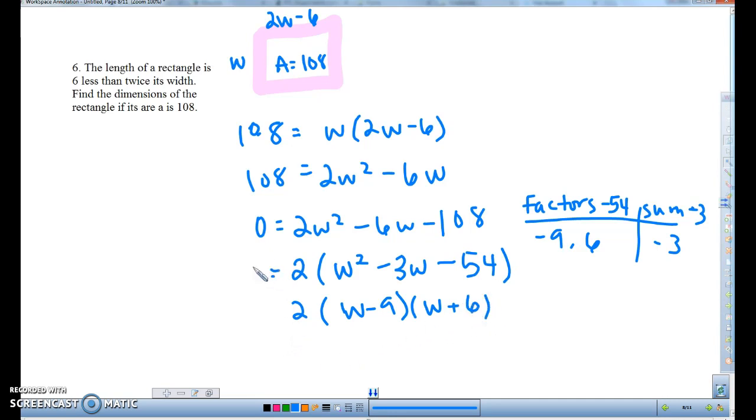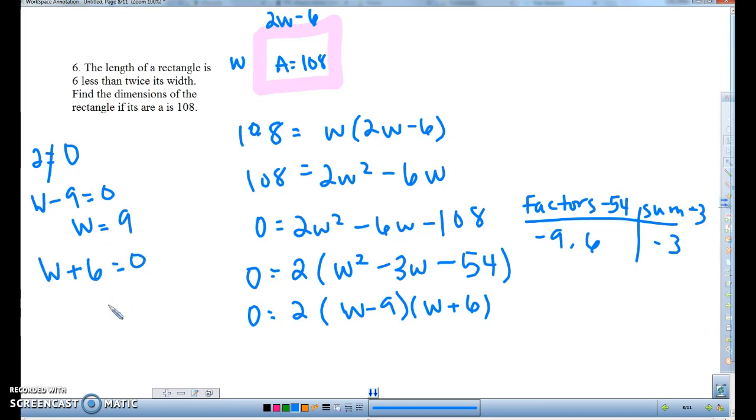Using the zero property, because all of these things are set equal to 0, I'm going to set each piece of this equal to 0, including that 2. But we know that 2 is not equal to 0, so that can't ever be an option. Again, length can never be negative, so I can go ahead and rule this answer out, and I'm left with W equals 9.